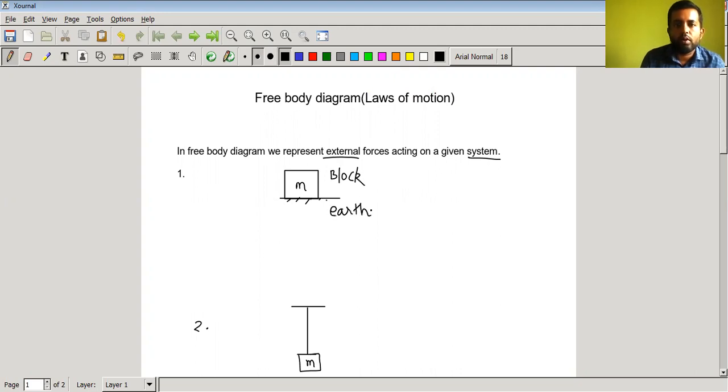So now you can see, you can consider block to be a system, you can consider earth to be a system, and you can consider block plus earth to be a system. So there are various ways to go. So let us take the simplest case. Let us consider a block to be the system. Okay. So we are considering block to be our system.